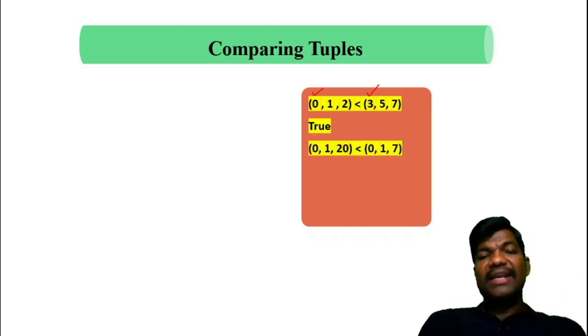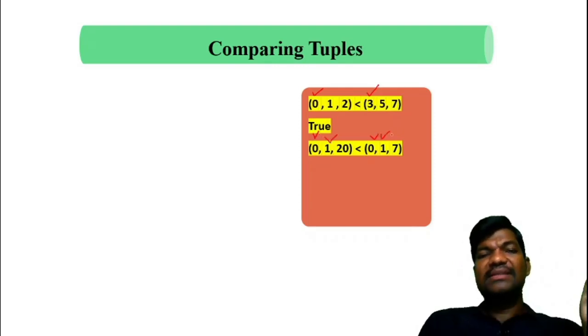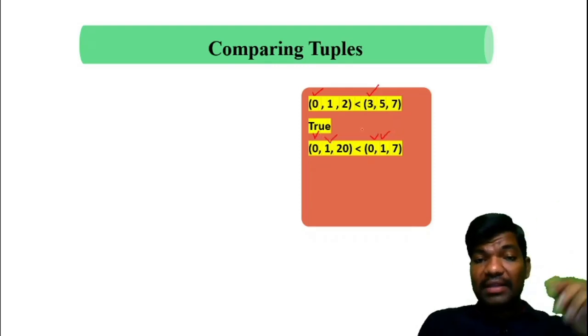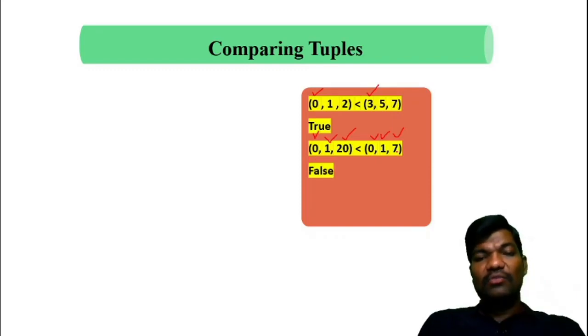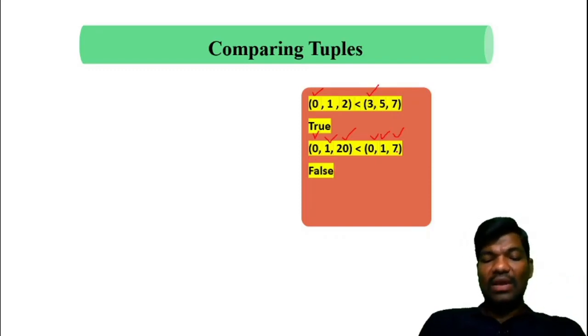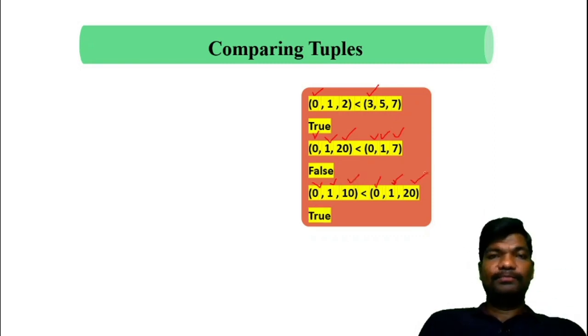Now the second one: 0, 0 is the same, so if both are the same, check another element. 1, 1 is the same. Check another element: 2 and 7 are different. 20 less than 7 is false, so the output is false. Similarly, take another one: 0, 0 same, 1, 1 same, 10 less than 20, so it will be true.